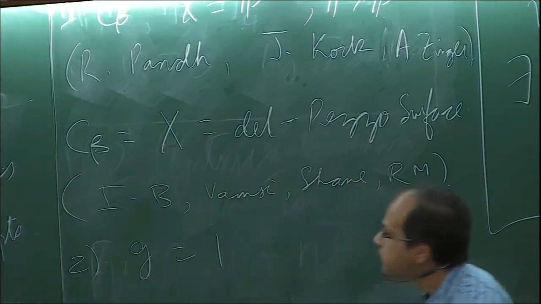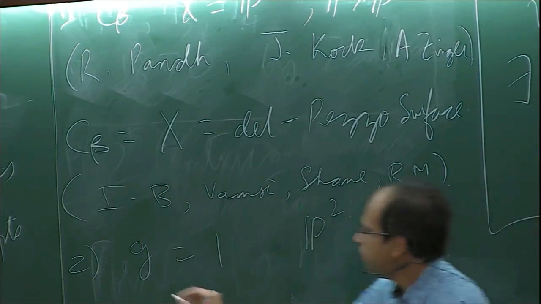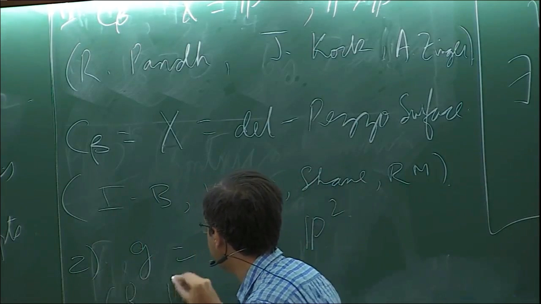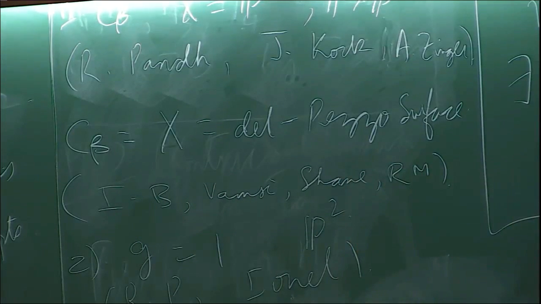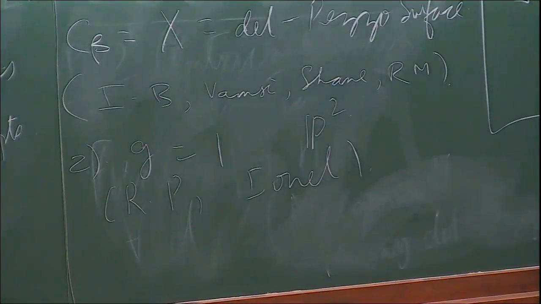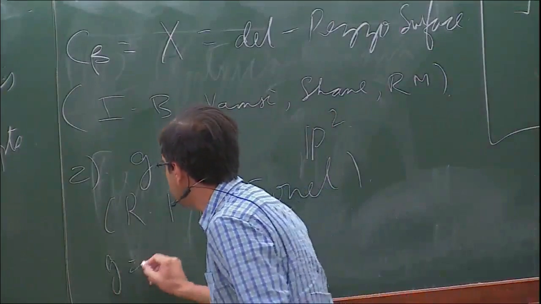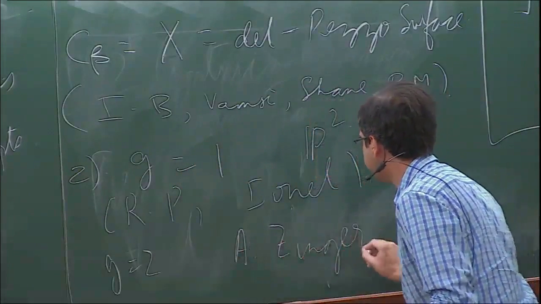G equal to 1, there is a formula, everything is for P2 now, by Pandharipande, and later by Ionel, using a symplectic method. So Pandharipande's method is algebraic geometric, her method is symplectic, and later for G equal to 2 by Zinger.